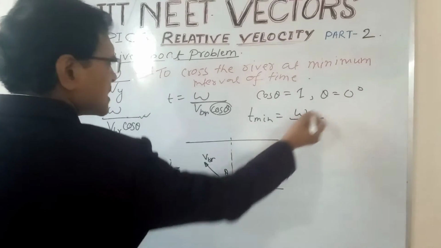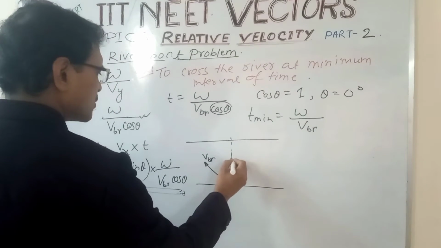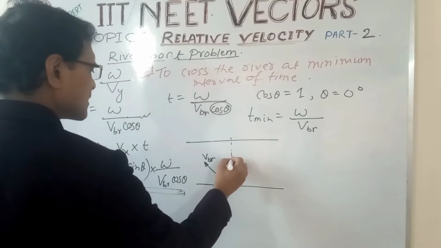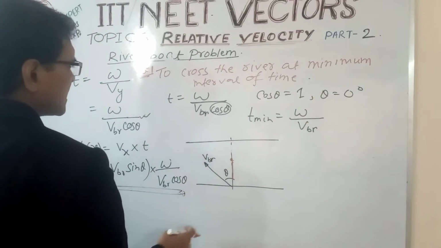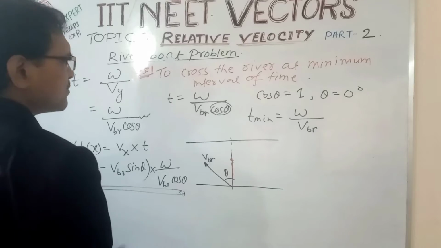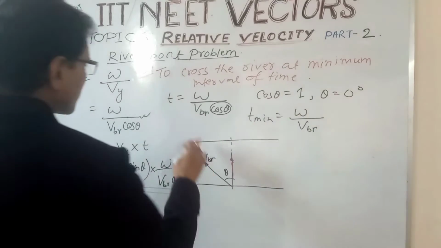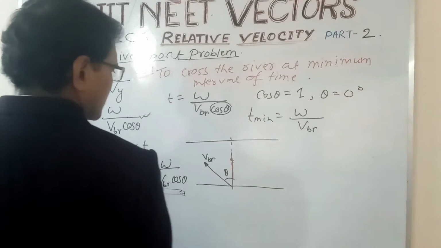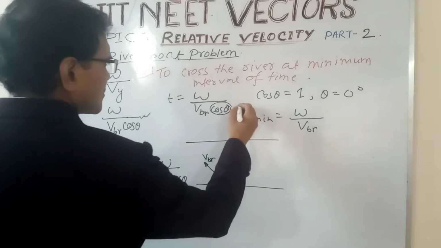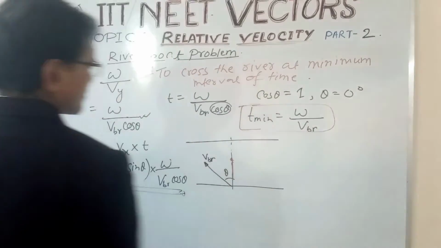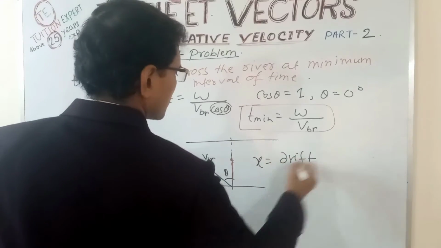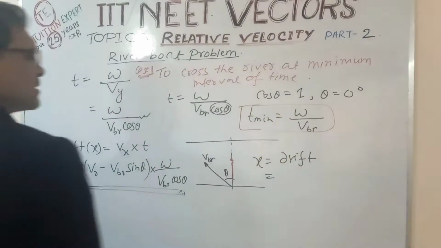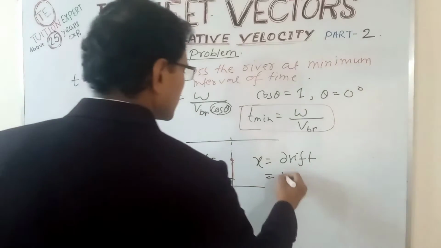If the boat moves along this direction initially, then the time taken to cross the river will be minimum. For that case, drift will be x equal to this.